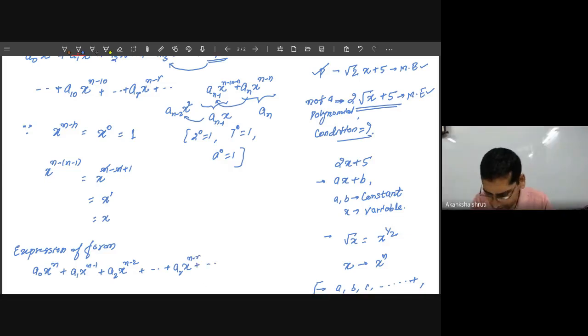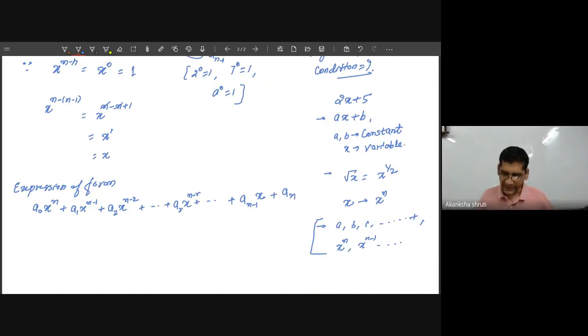Going on, what will be the second last term? The second last term will be a n minus 1 times x. And what will be the last term? It becomes a n only. So student, in your book this is written directly, but how it is written, that I had explained.